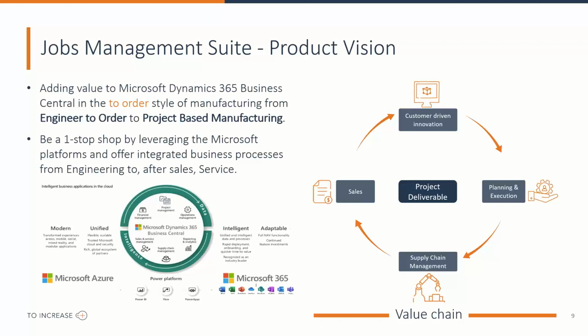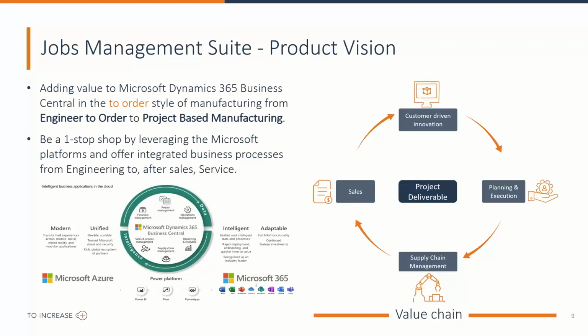And the to-order style of manufacturing we consider to be from engineer to order to project-based manufacturing. And that is basically determined by the so-called push-pull point, to where in the process does the customer have anything to say about the final state of the product.